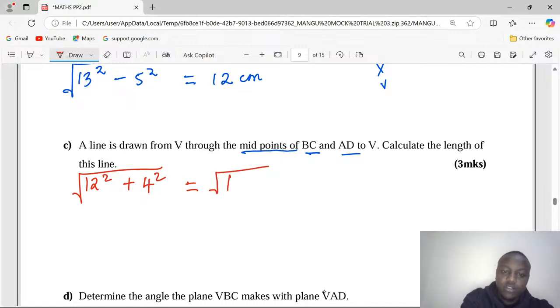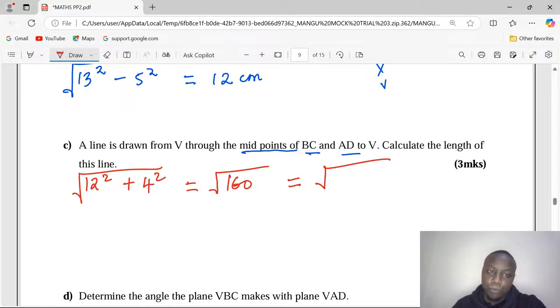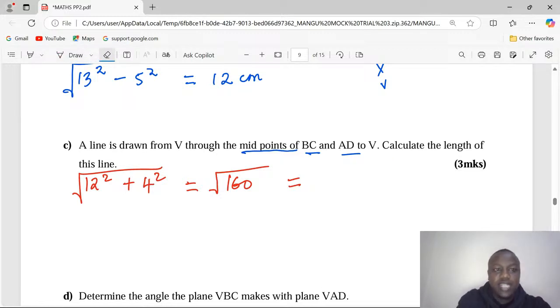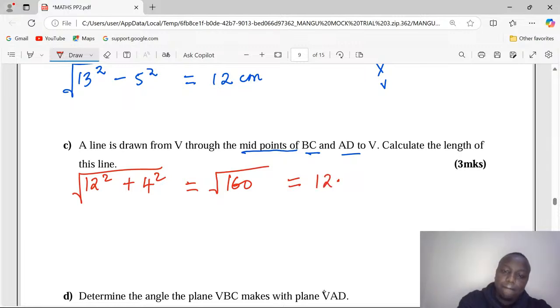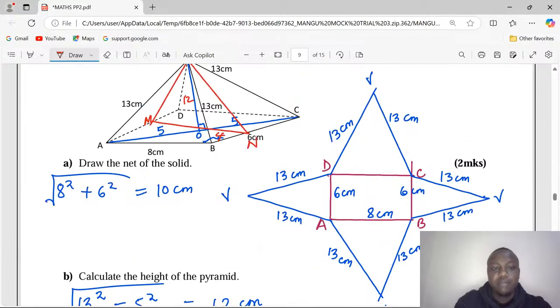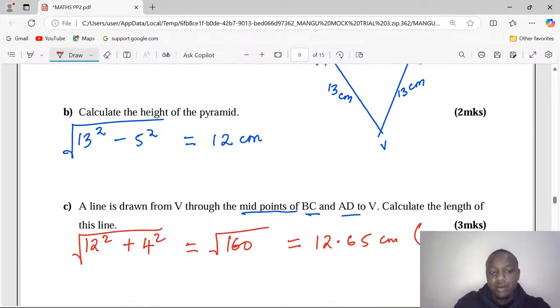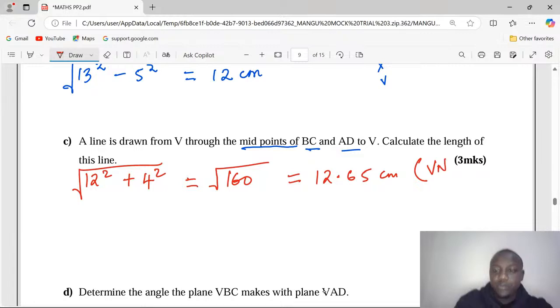I wanted to put it in surd form, but we can just carry out the square root. That will be 12.65 centimeters. This is the length of VN, which is also VM.